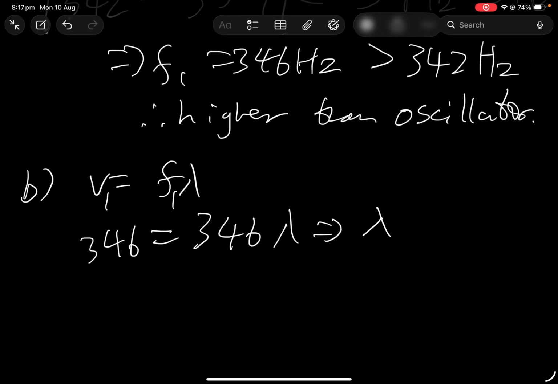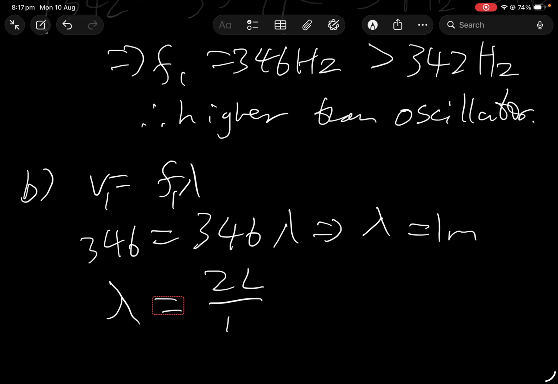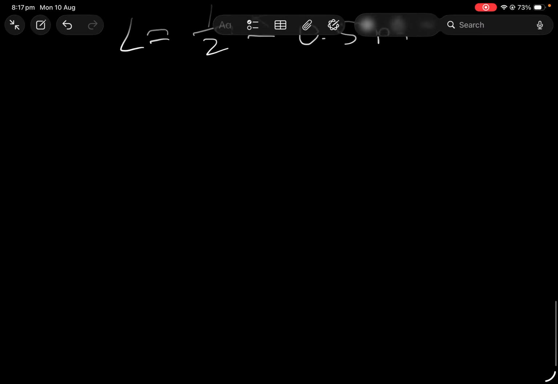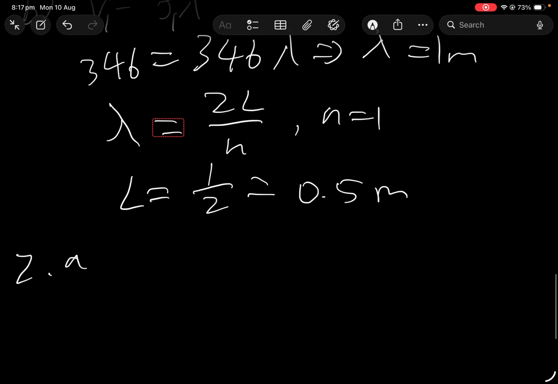So that means lambda must be 1 meter. Oh wait, no, lambda is 1 meter, you're right, but it wants to find the length. And we know the equation that because it's an open pipe, 2 length over n equals lambda, so L equals 1 over 2 equals 0.5 meters. That's it for this question.